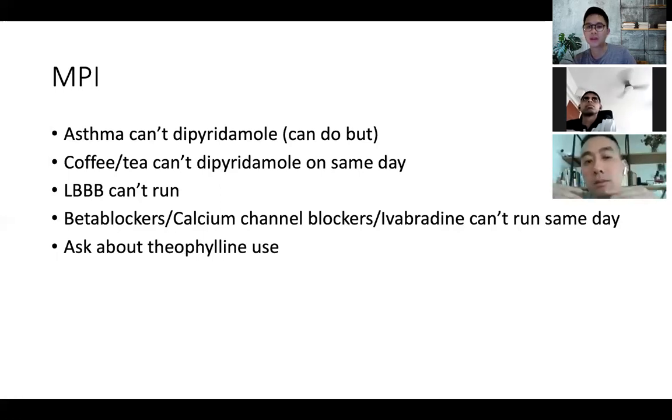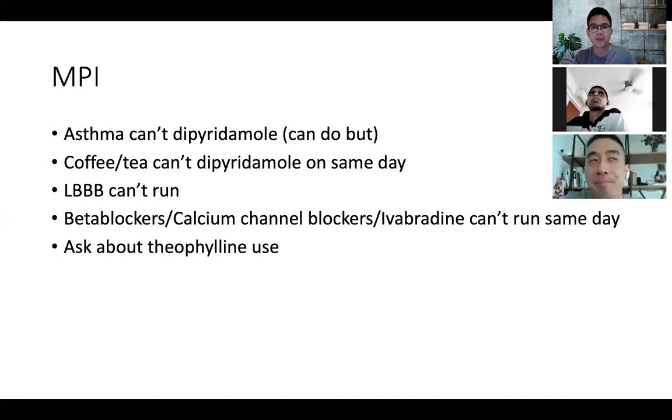So if you have a normal stress, then you don't need to do a rest scan. Sometimes the techs will still do it because they don't have a doctor to ask. But in NUH, a lot of times with the ED2 patients, they will just ask the radiologist to comment on whether the stress test is normal. If it's normal, then we don't have to do the rest. So that's the first thing: the stress before we do the rest. Usually you do the stress before the rest.